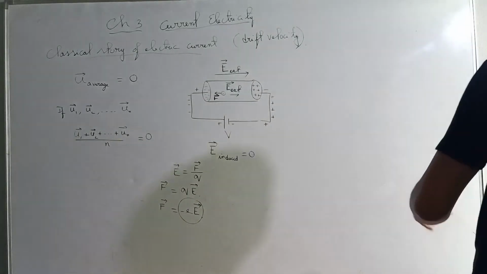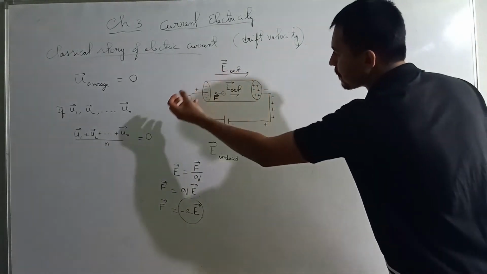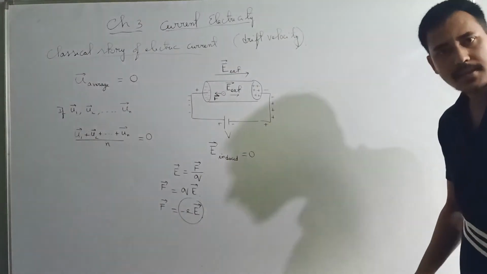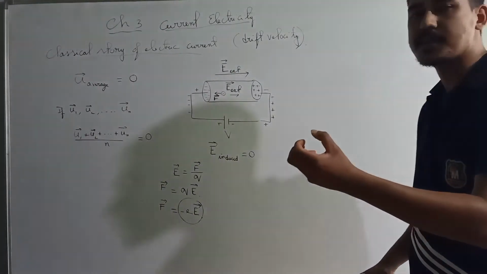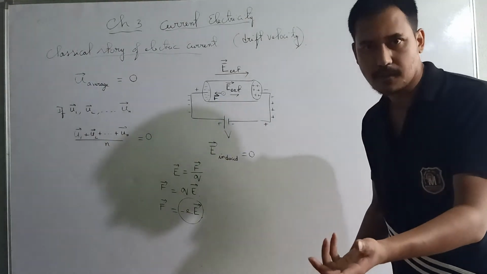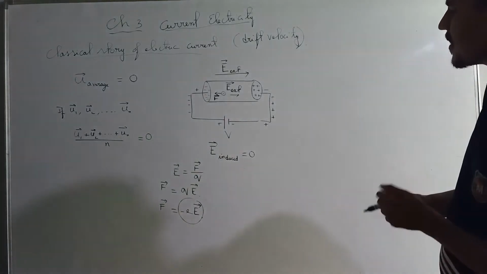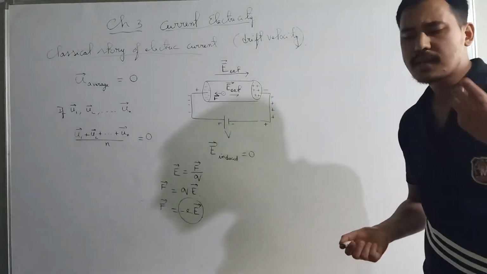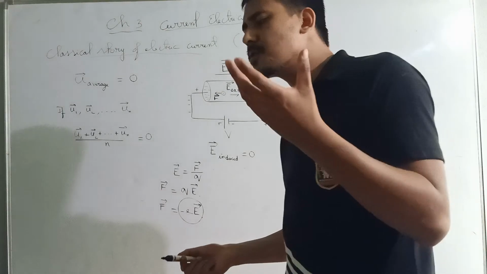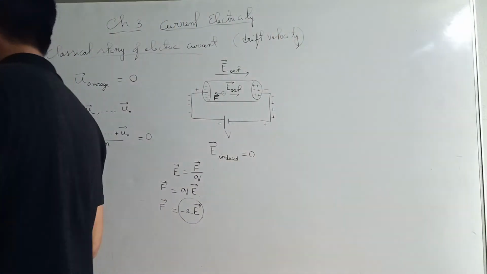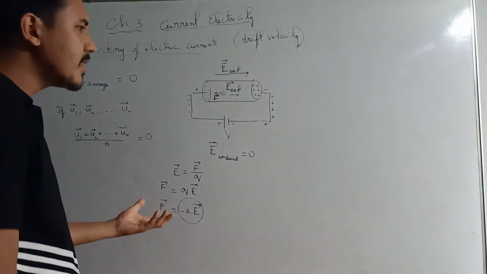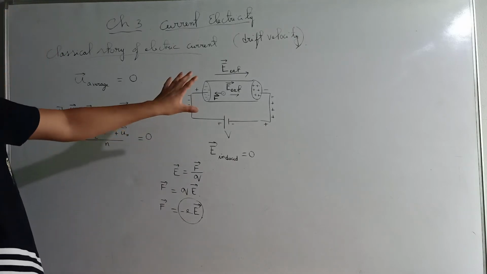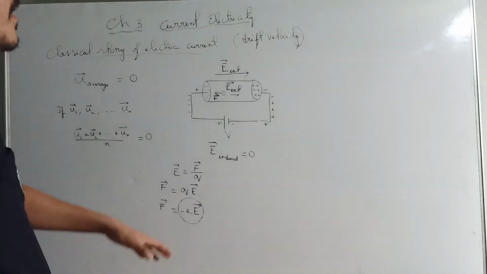Now, as the electrons experience a force, they will accelerate and hence their velocity will increase. But this increase in velocity lasts only for a very short time, because as the electrons accelerate, they will suffer collision with the positive ions of the conductor.